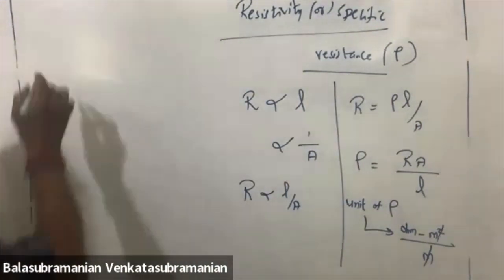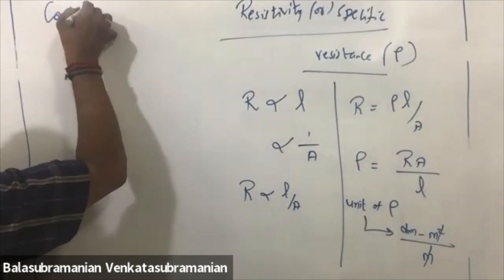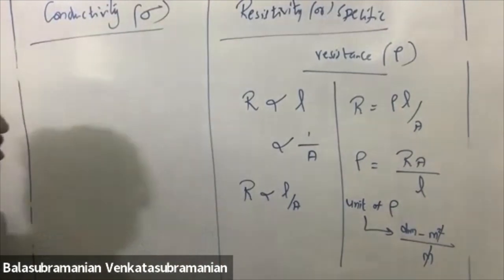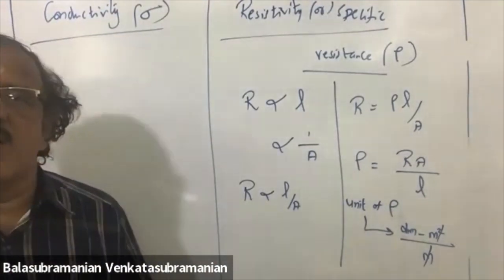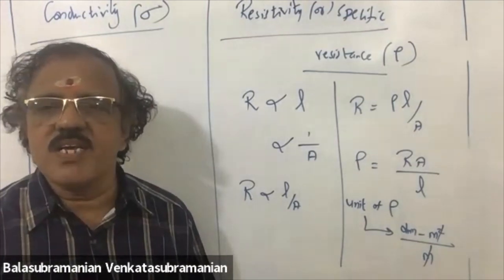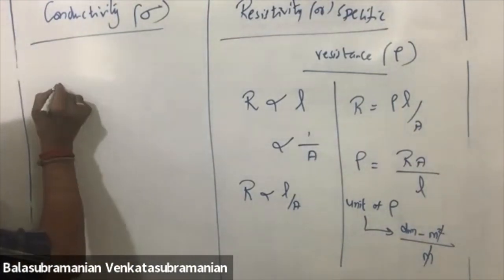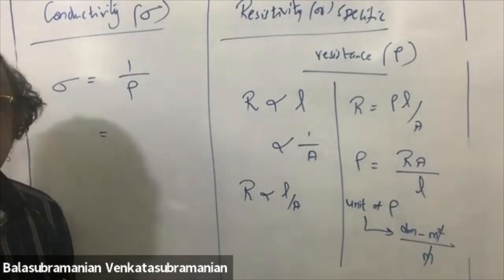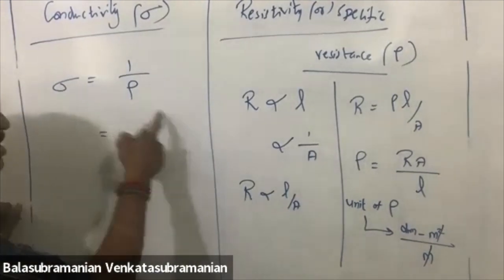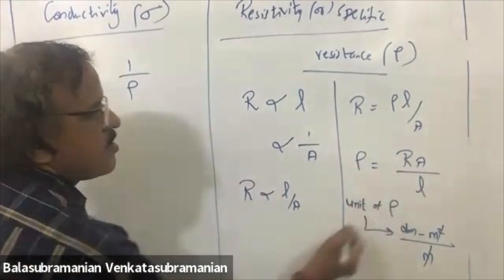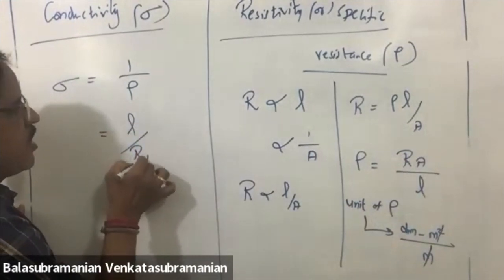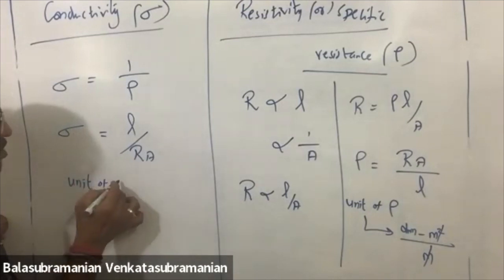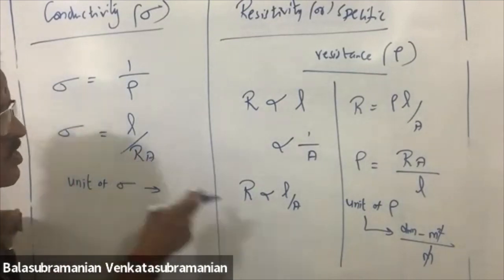Conductivity. Represented by sigma. Sigma is called conductivity. Sigma is 1 by rho. What is rho here? RA by L. So I can write sigma is L by RA. Unit of sigma is simply the inverse of rho.